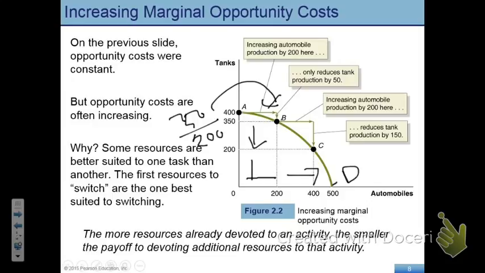I apologize. Okay. So what is the opportunity cost of going from B to C? When you go from B to C, you give up 150 tanks and you gain 200 automobiles. So it's going to be 150 divided by 200 tanks. That's the opportunity cost of going from B to C. So what is 150 divided by 200?